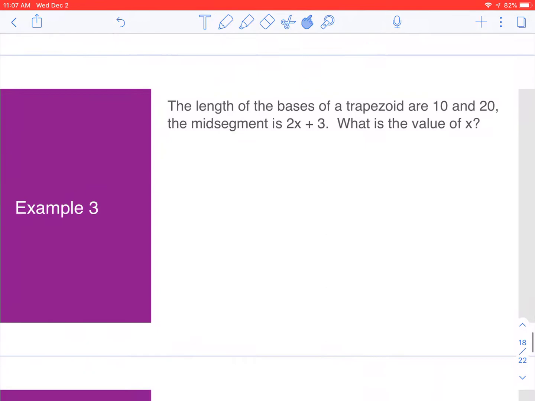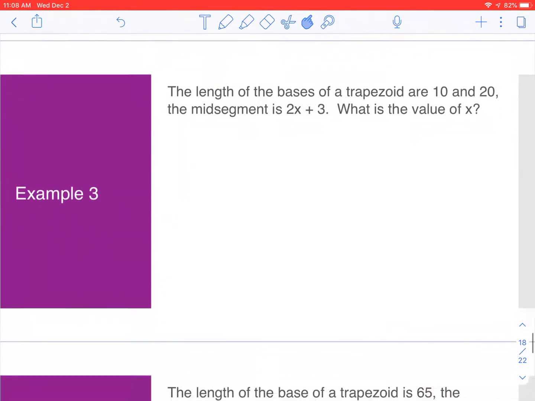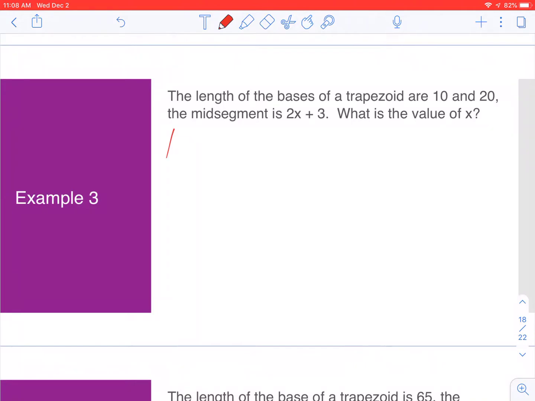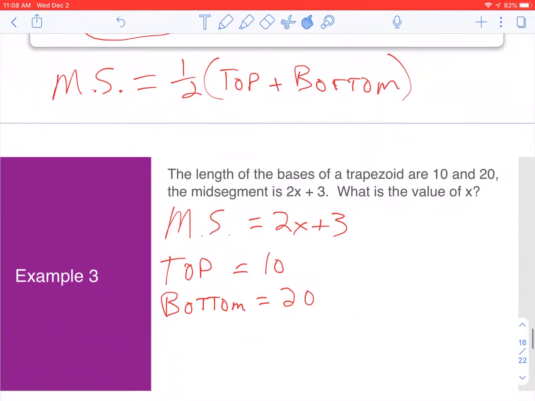So we're going to label what each one of our things is. The mid-segment is 2x plus 3. I'm going to say top is 10, bottom equals 20. And now I'm going to plug it into my equation.